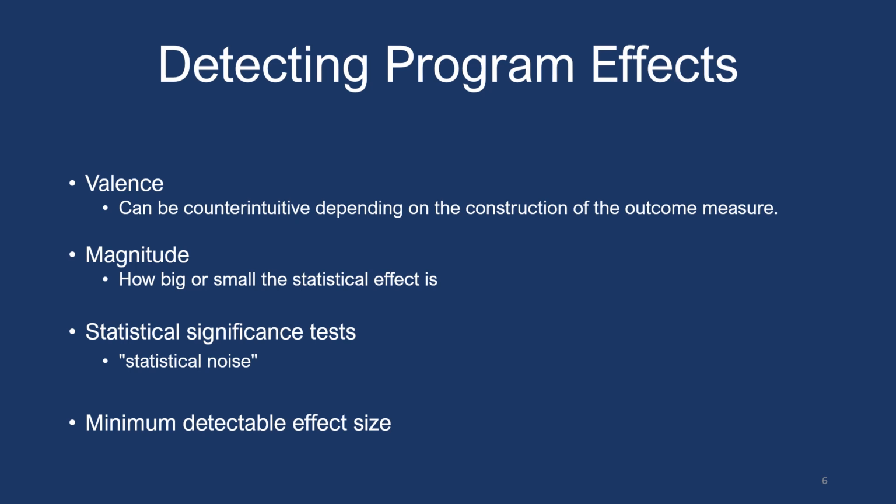As we've been speaking about, the magnitude refers to how big or small the statistical effect is numerically, representing the difference in outcome effects between the intervention group and the control group. Yet, these statistical effect sizes may not be truly accurate.